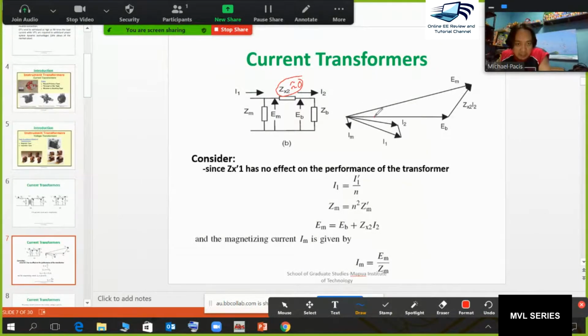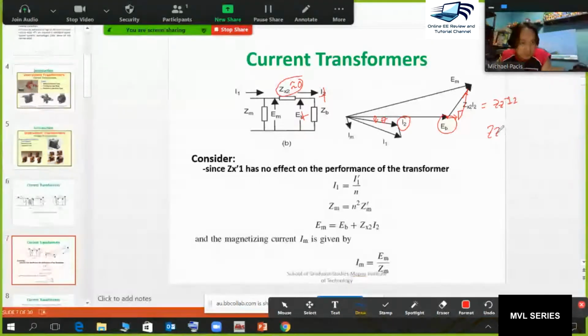Considering lagging, I2 will lag EB by a certain angle, theta. If you have ZX2 here, it will look like this. But it does not have any real part. Because if there's a real part there, then it would be 90 degrees, and then this is the total. However, there's no real part. Therefore, your ZX2 now is also your total impedance.